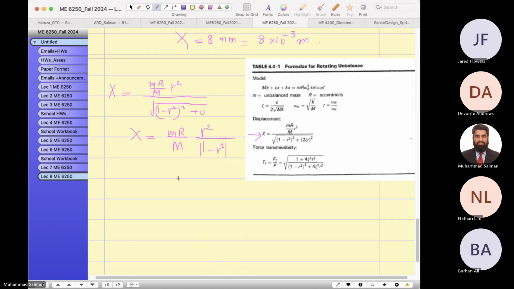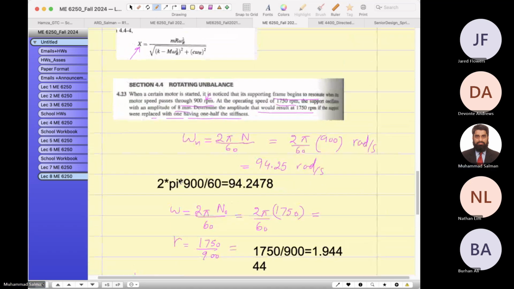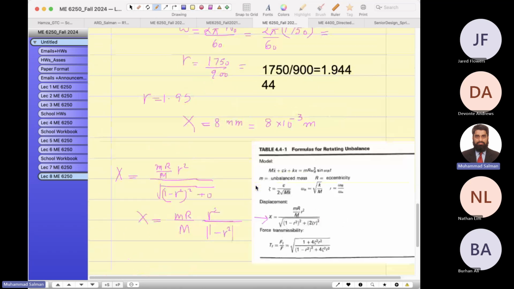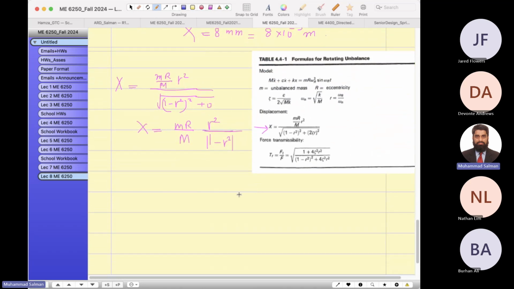And then what the question is, this new spring is 1/2, keeping the same RPM. What is the new amplitude? So if you replace the spring by a smaller stiffness, what will be the new displacement to the foundation? So X you have to find out when replaced.